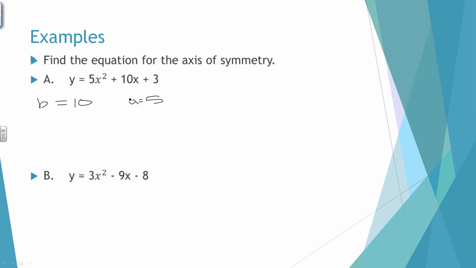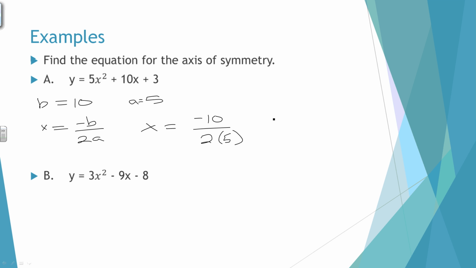So a equals 5. So it's going to be x equals -b divided by 2a. For this problem, -b, or the opposite of b, is going to be -10. And 2 times a will be 2 times 5.